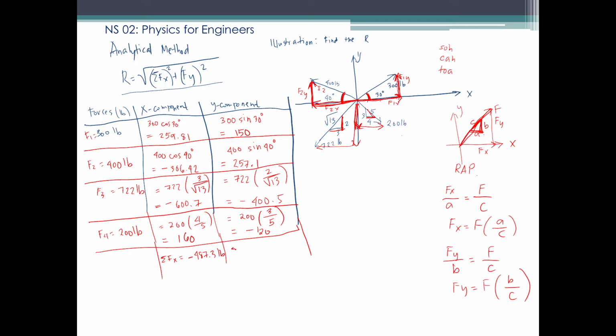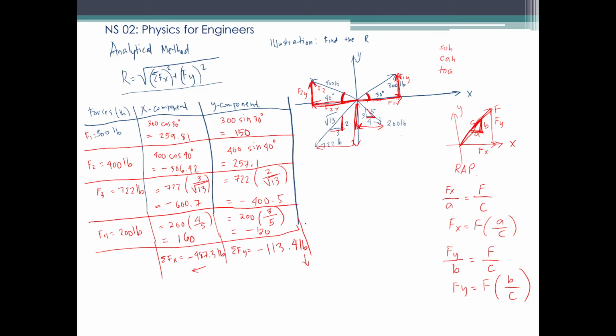And then our summation of Fy, the algebraic sum of all the y components of the force, is also negative 113.4 pounds. So, since x is negative, it means it goes to the left, and since y is negative, it goes downwards, to the left and downwards.